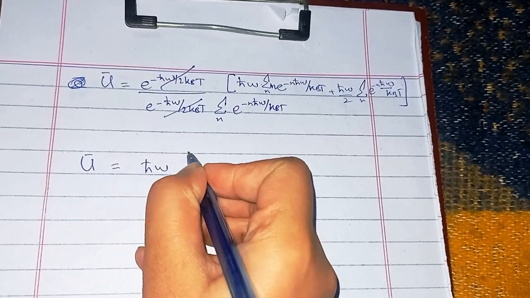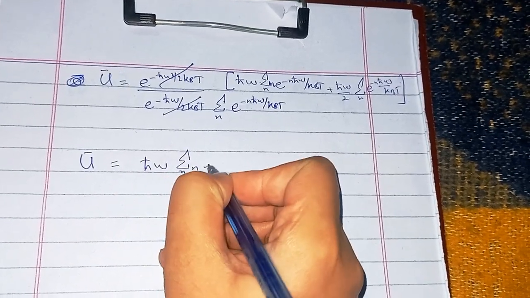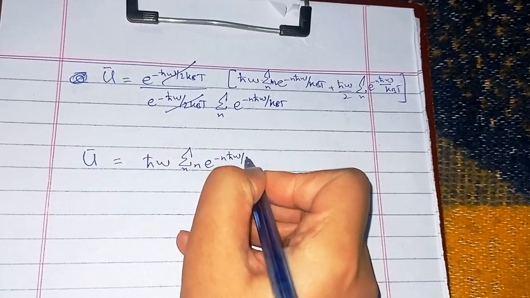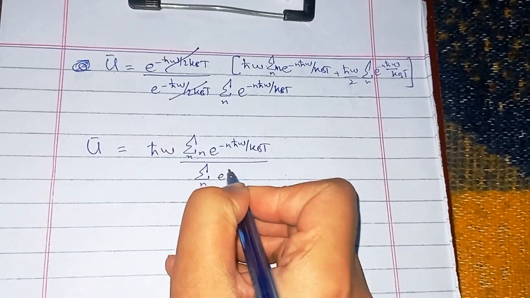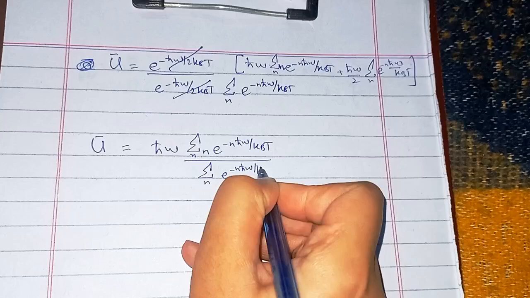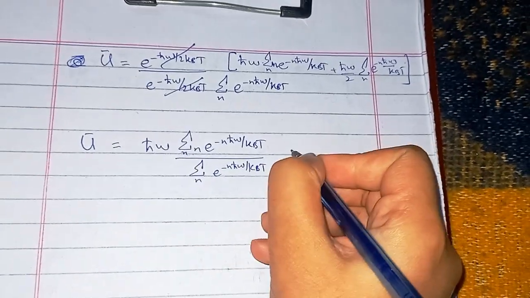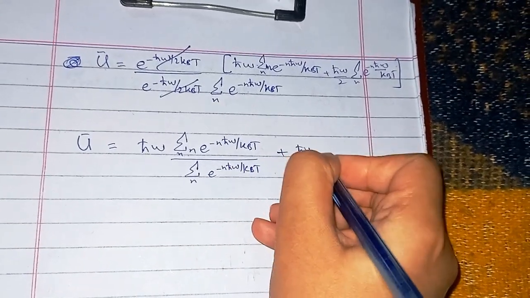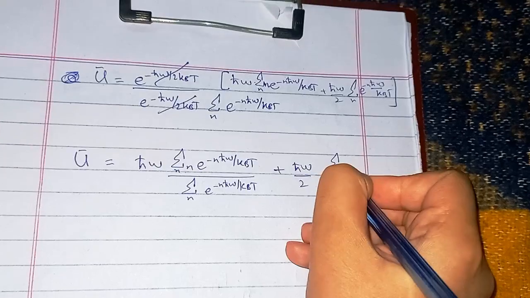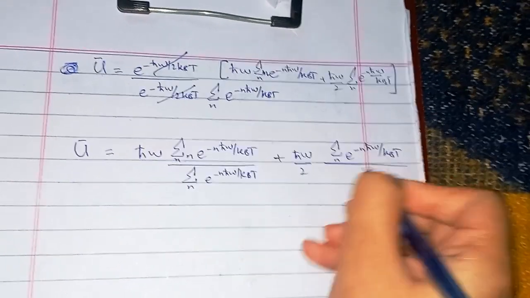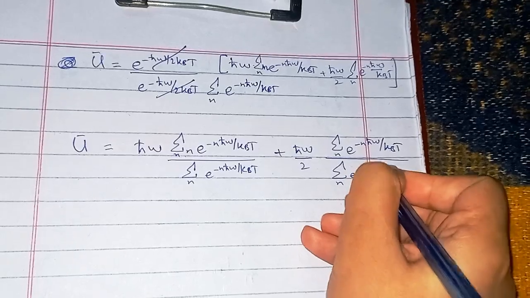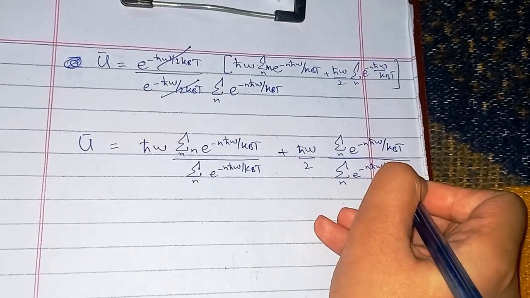h cut omega summation n e to the power minus n h cut omega by kBT divided by summation e to the power minus n h cut omega by kBT, plus h cut omega by 2 summation e to the power minus n h cut omega by kBT divided by summation e to the power minus n h cut omega by kBT.